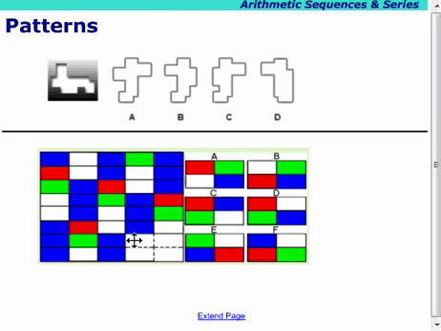And finally, in this one, you need to find what pattern of colors should be here in the bottom. Is it A, B, C, D, E, or F? Which pattern should be down here? Pause the tape so we don't spoil it, and you can see which ones are the right ones when you press play. So see if you can figure those out.